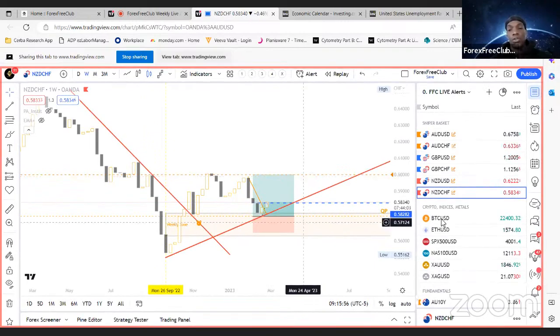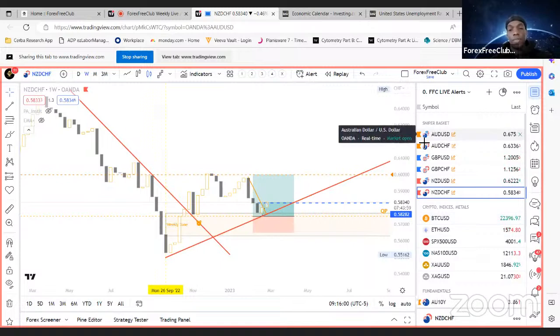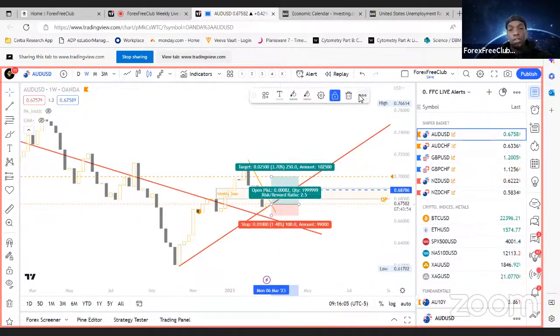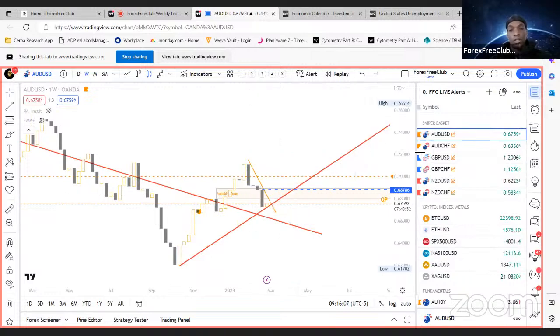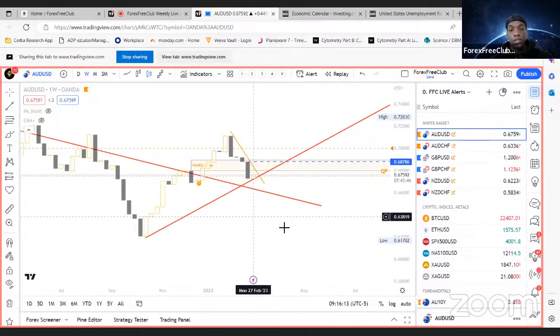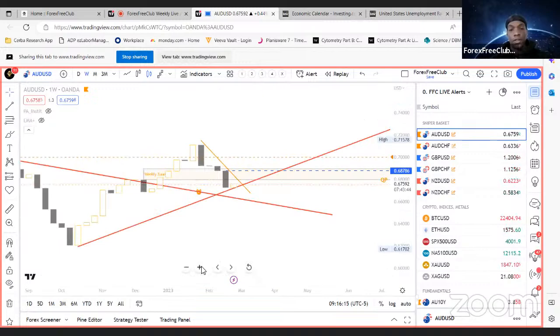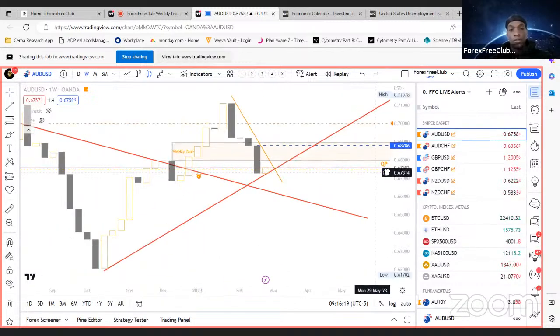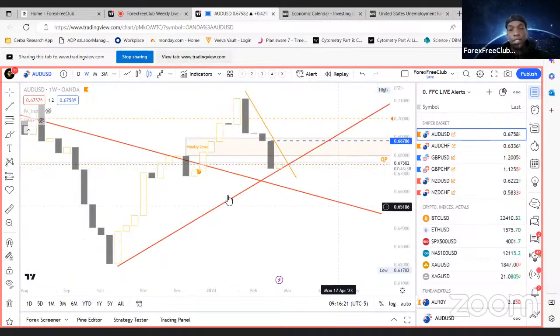All right, so let's just look at the watch list real quick again. So I'll take off all of these. So AU, as you can see, let's make it a little bit bigger. Hopefully that's big enough for everybody to see.